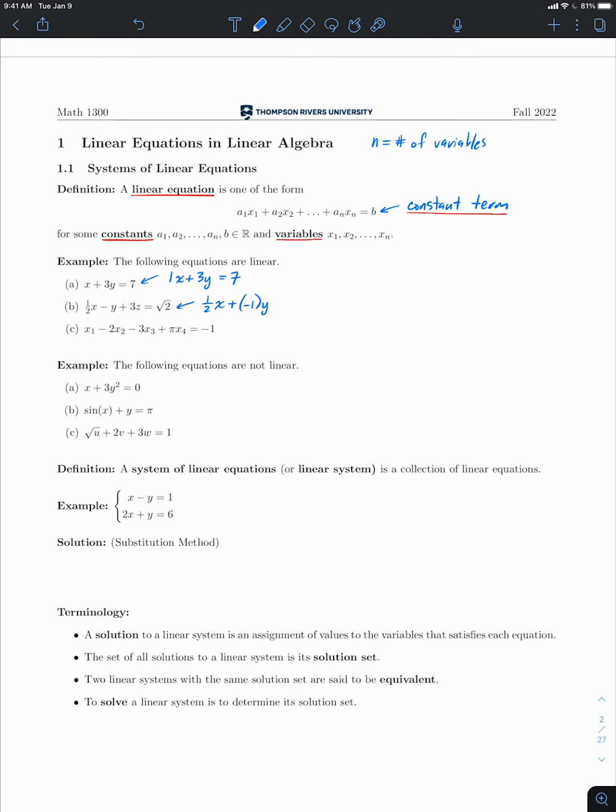So I can write 1/2 x minus y as 1/2 x plus -1 times y. And then lastly, I've got plus 3z is equal to the square root of 2. So that's how I can write it so it fits the form exactly. So it's no problem if we have some subtraction instead of addition. That just means that whatever term comes immediately after the subtraction symbol, the coefficient is going to be negative instead of positive.